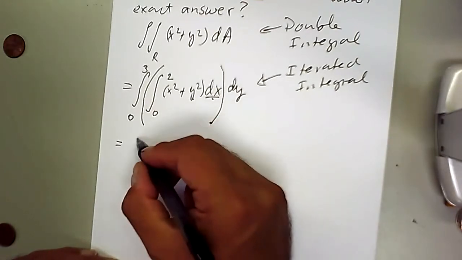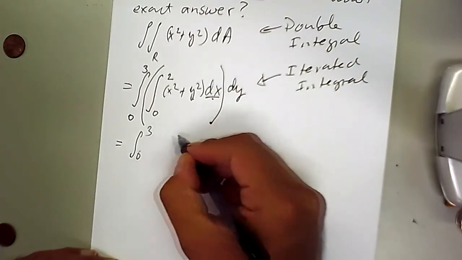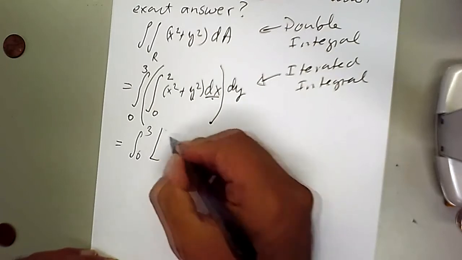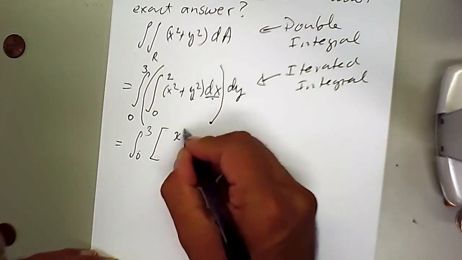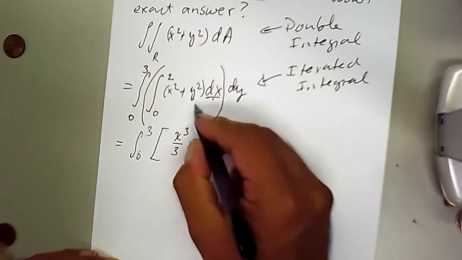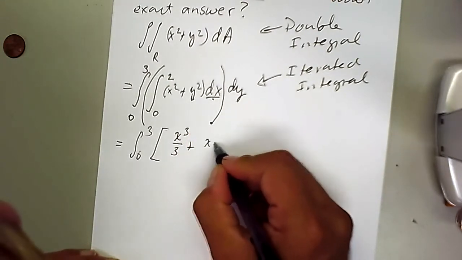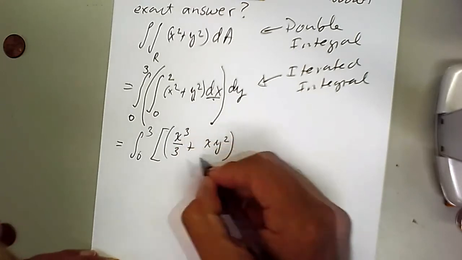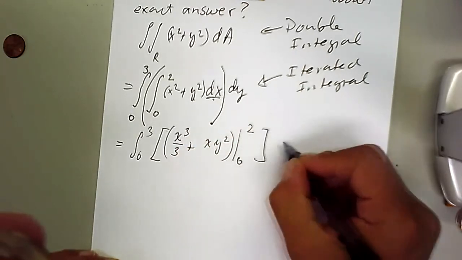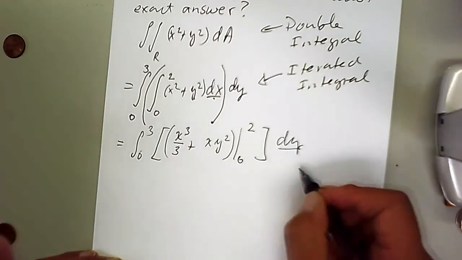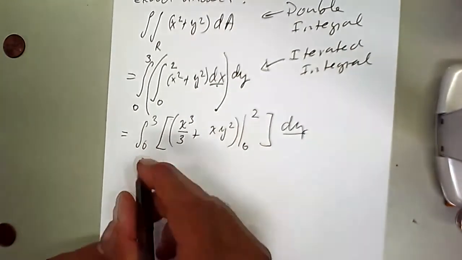So let's keep this 0 to 3 part out. So the integral of x squared, of course, is x cubed over 3 plus, treat y squared as a constant, so we have xy squared, using the fundamental theorem of calculus, from 0 to 2 dy. So this dy is waiting while this is happening.